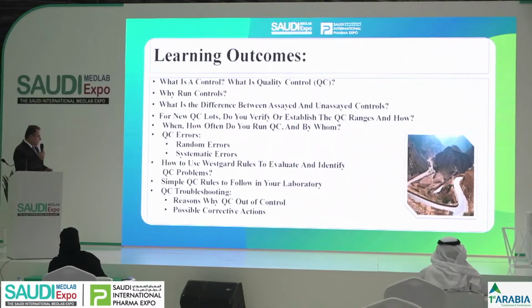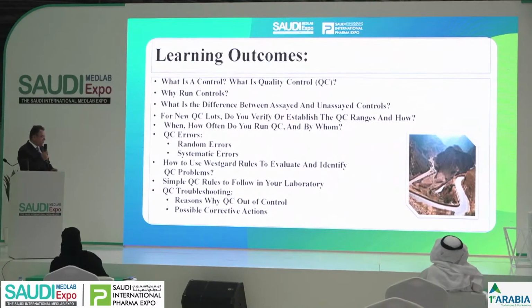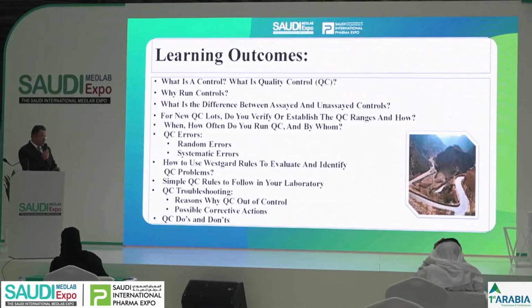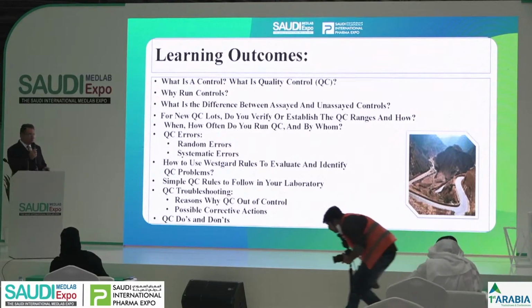QC error, random error, and systematic error. Then we'll talk about how to use Westgard rules to evaluate and identify QC problems. Then I will tell you about simple QC rules to follow in your laboratory. And then we'll talk about QC troubleshooting. And under that, we'll talk about reasons why QC is out of control and possible corrective action. And then lastly, we'll talk about QC do's and don'ts.